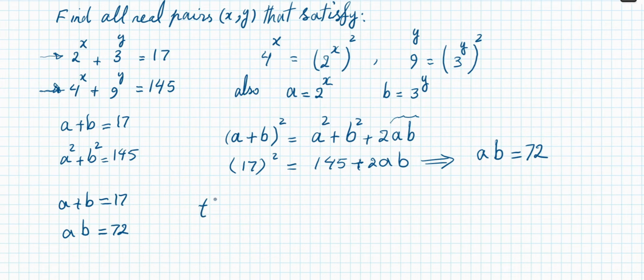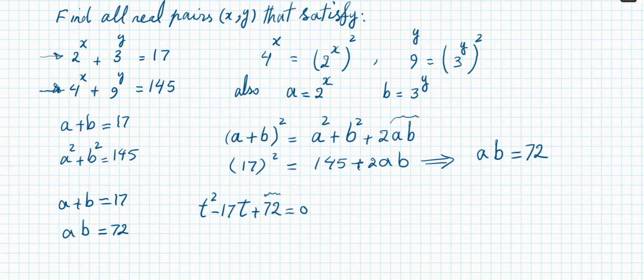So here we have t squared minus 17t plus 72 equal to 0. In other words, when you multiply the two roots, it's 72, and when you add them together, it's 17. And based on that, we can write this quadratic equation.